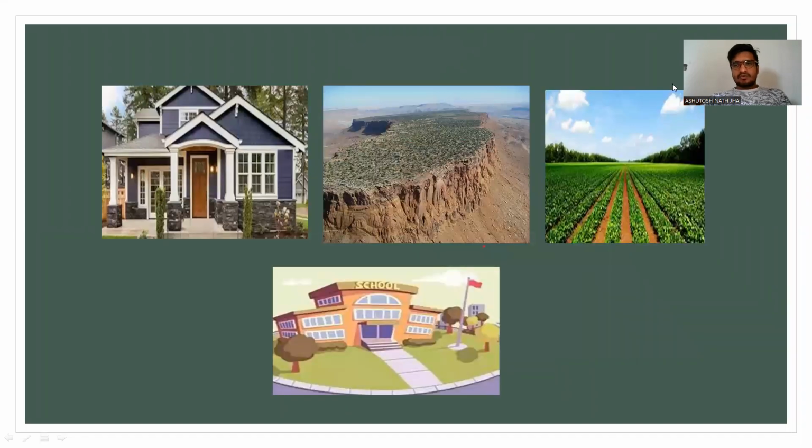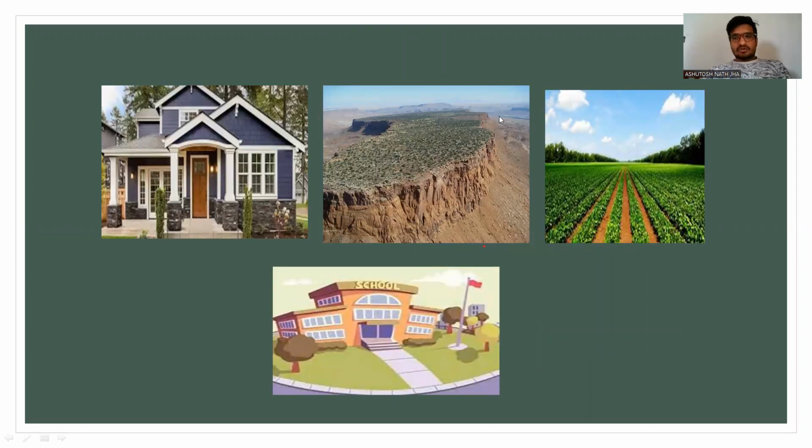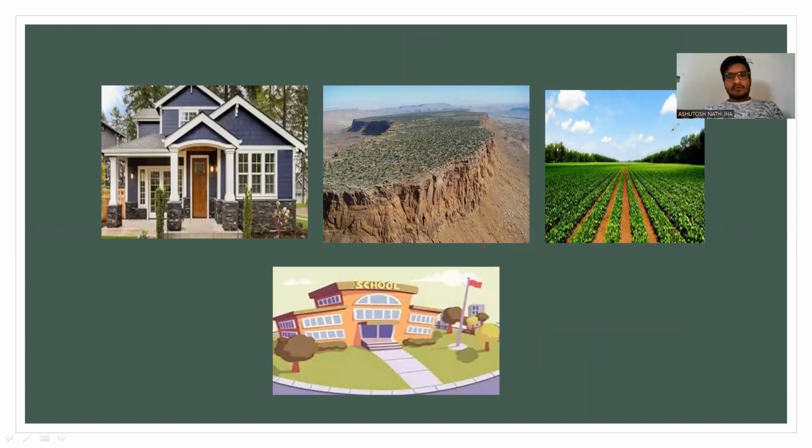Now you have to observe these pictures and tell me what comes to your mind, or what we will study in the next module. Yes, you can see the first picture, a big house, then the second picture, land, then agriculture, then schools.